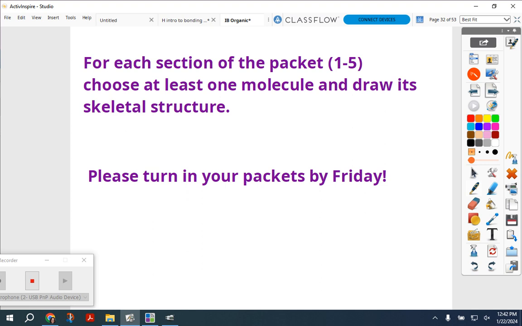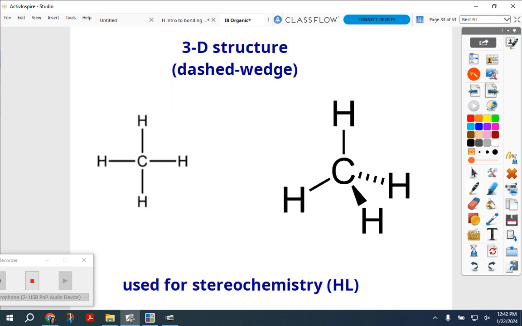And I'm just going to leave you with one more thing, which is something that we cover more in HL because it matters for stereochemistry, but if you have not before seen, there's one more structural thing that we often use in organic, which is the 3-dimensional structure, which is how we take something that's 2-dimensional.